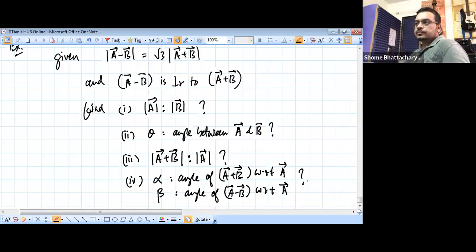Anybody got the answer? Arvinda, there is a small problem with the sign. Theta will not be 60 degrees. Just check the algebraic signs in your solution.